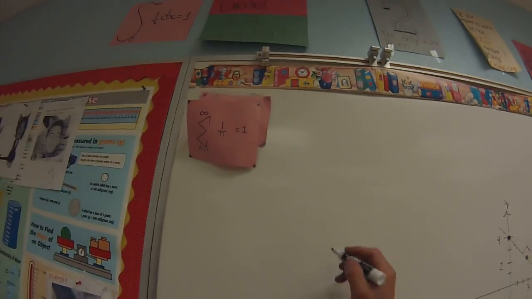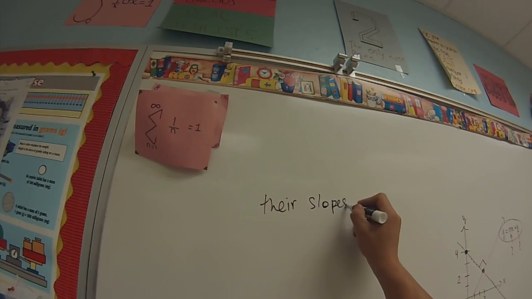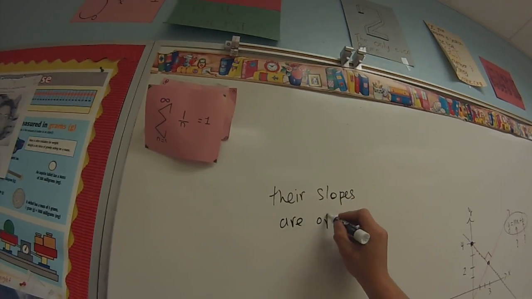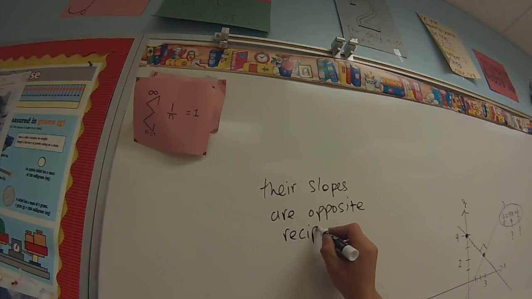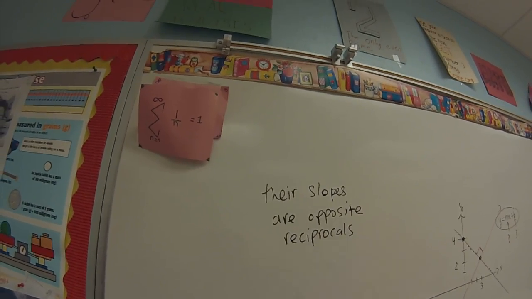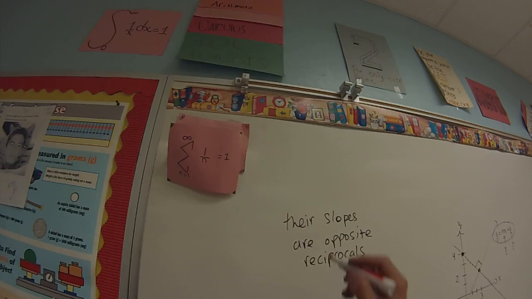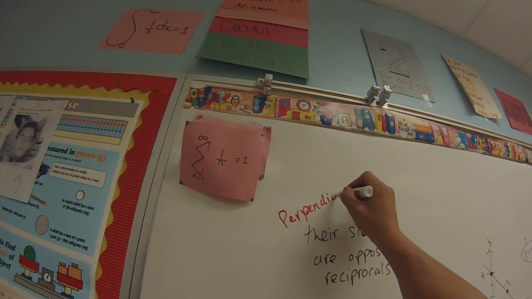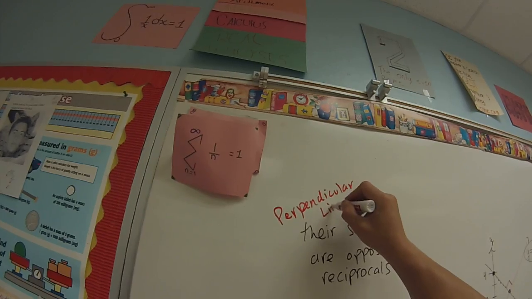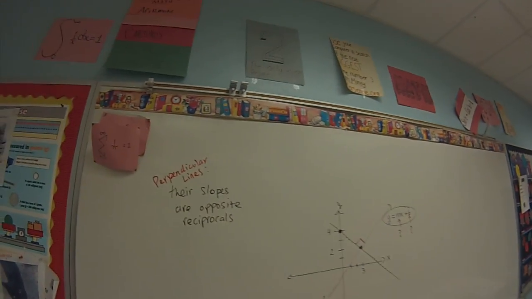Their slopes are opposite reciprocals. This means that perpendicular lines have opposite reciprocal slopes. Perpendicular lines have opposite reciprocals for slopes.